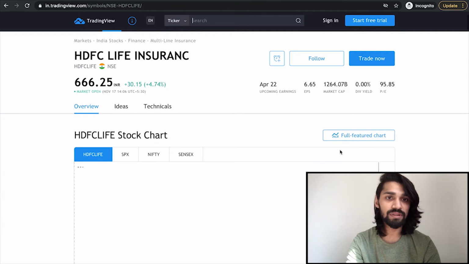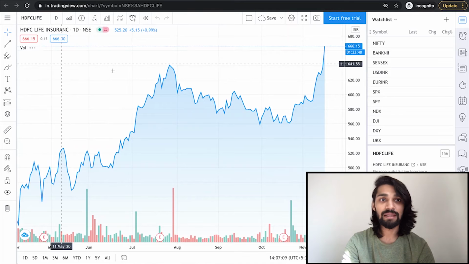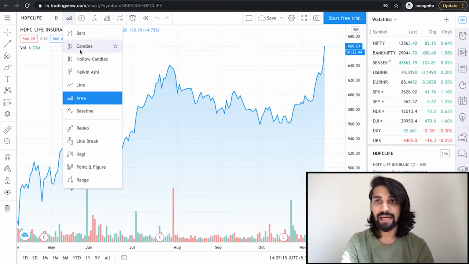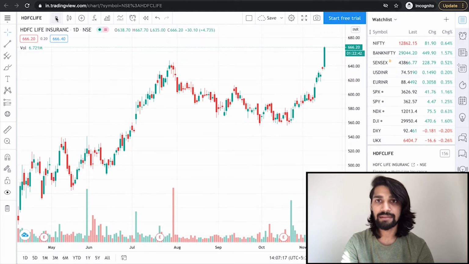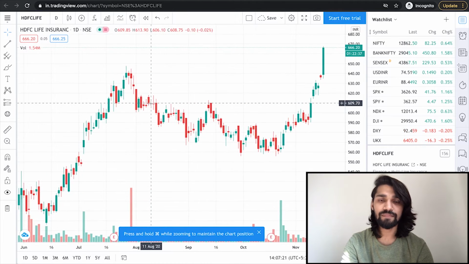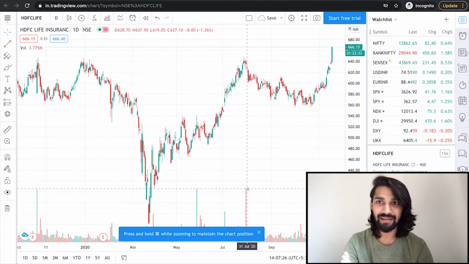Once the page is open, you can go to the full featured chart. Okay, so once you're here, click here, choose candles, click here. If you see here, this is interesting.